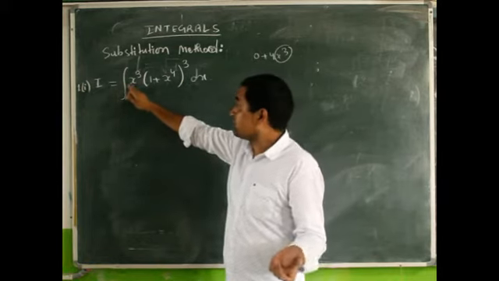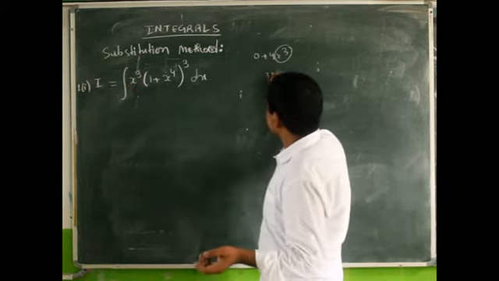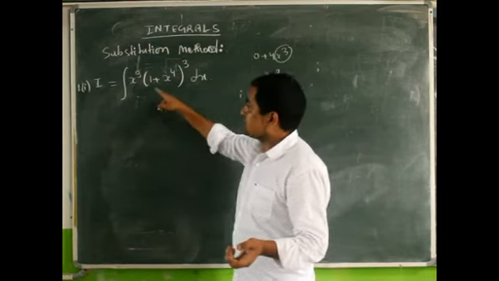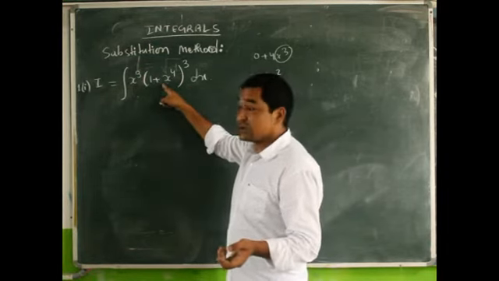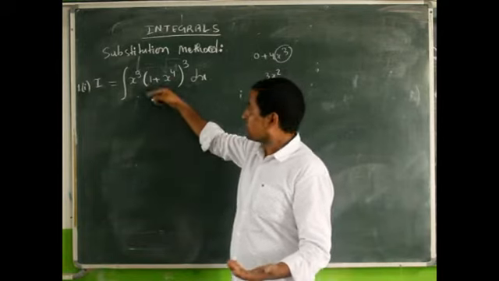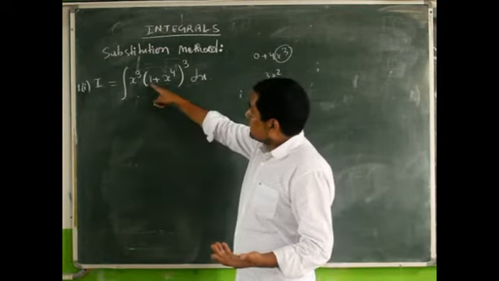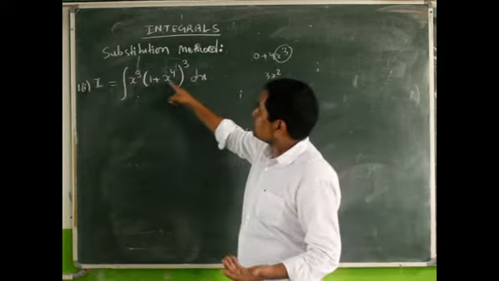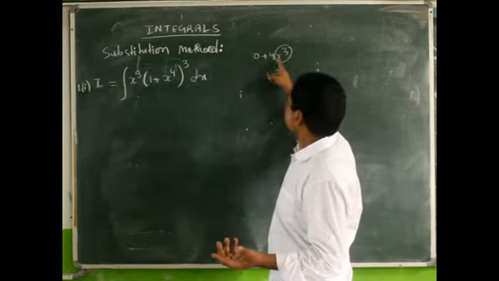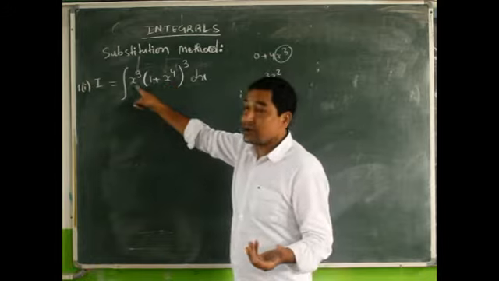Now, if you differentiate this one, we will get 3x square. 3x square is not there, so this is not the question part. You have to do the differentiation mentally before starting these questions. The differentiation of 1 is 0 and the differentiation of x to the power 4 is 4x cube, so we are getting the variable.